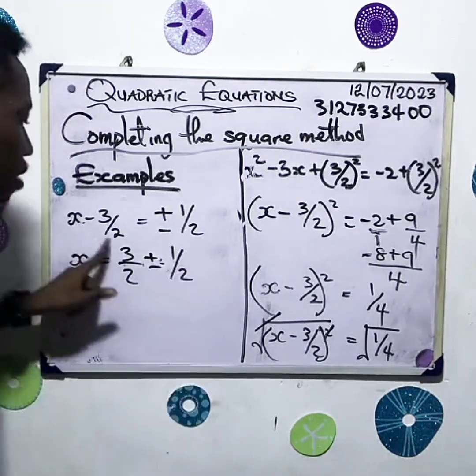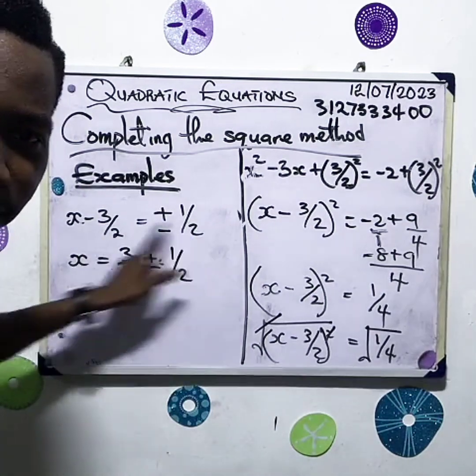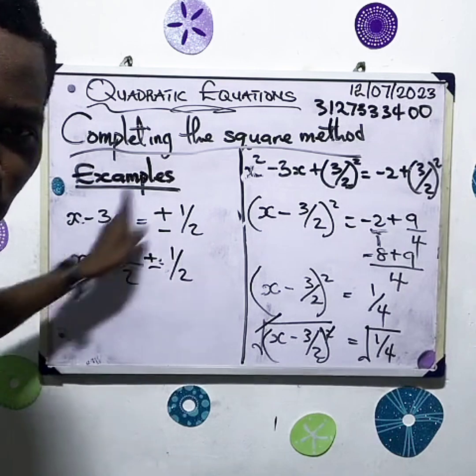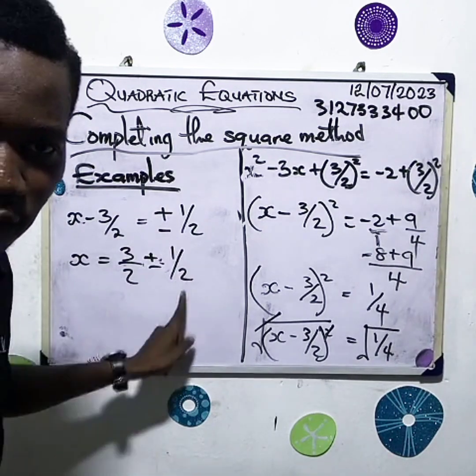I said x minus 3 over 2 equals plus or minus 1 over 2. We want to collect like terms. You're going to bring your minus 3 over 2 over, and it becomes plus 3 over 2, right? So then plus or minus 1 over 2.